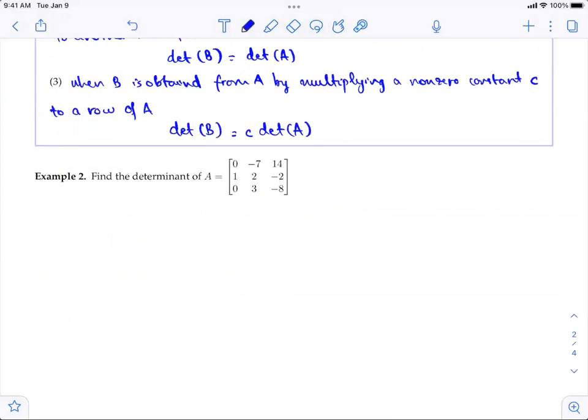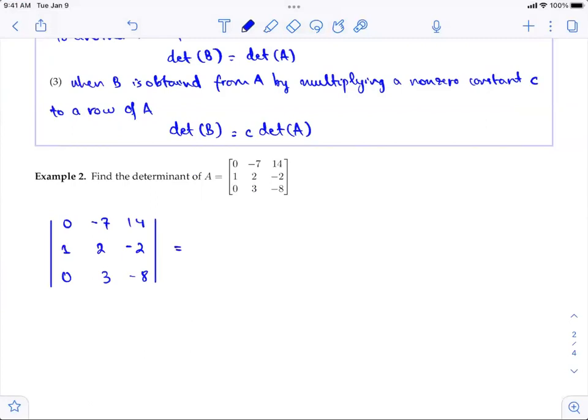But again, what we want to experience is the change in the elementary row operations to see what happens to the determinant of the matrix. All right, so finding the determinant of this matrix, 0, -7, 14, 1, 2, -2, 0, 3, -8.